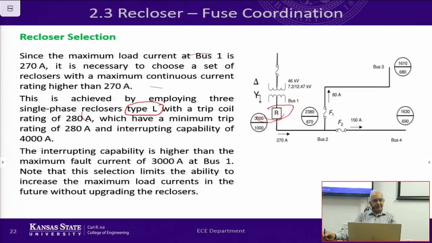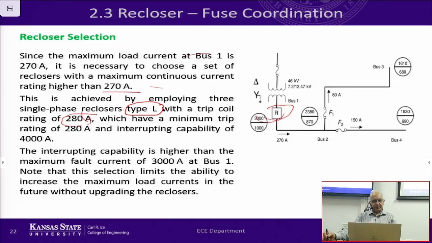So 280 is one of the ratings that is available. Which rating is close enough to the load current? The trip coil will operate at 280, which is higher than the load current.